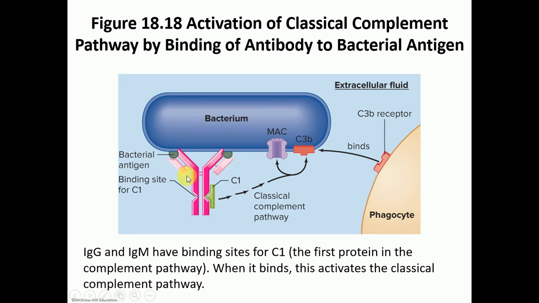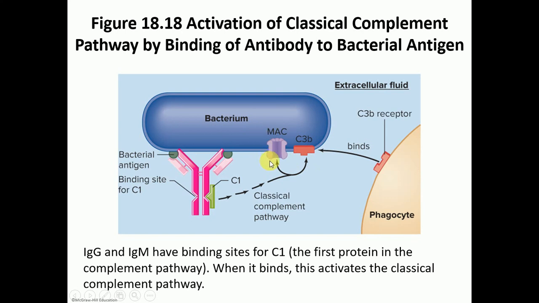So when the antibody has identified the bacteria, the antibodies have sites known as a binding site for C1. It will bind to that very first complement protein, and that will start the activation of the proteins as you go down the stream until you activate the C3b part, which again was the most important one to activate.